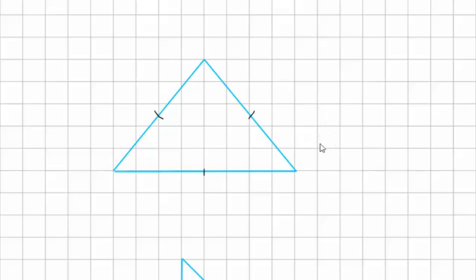Now, common sense dictates that I'm going to use an equilateral triangle to solve for which angles? 60. Why? Because they're all 60. Got a 60-degree angle there.